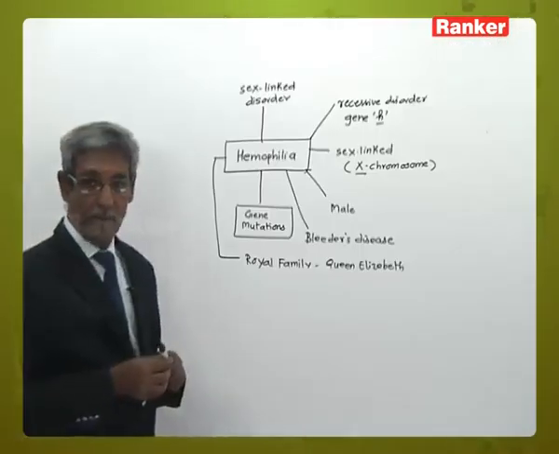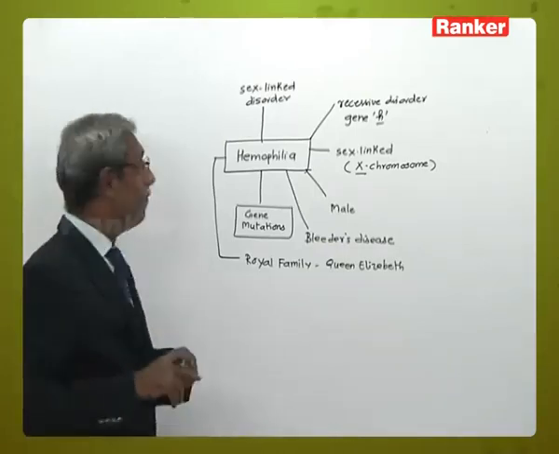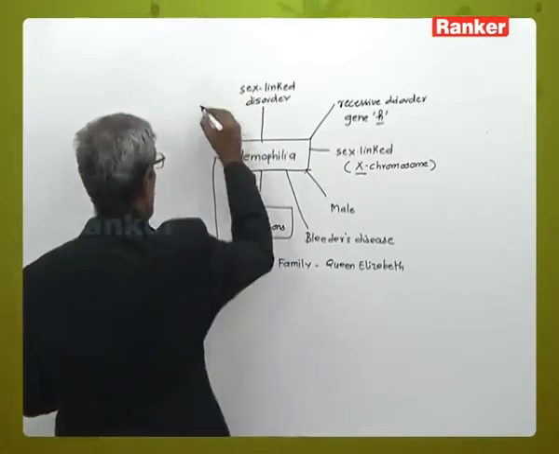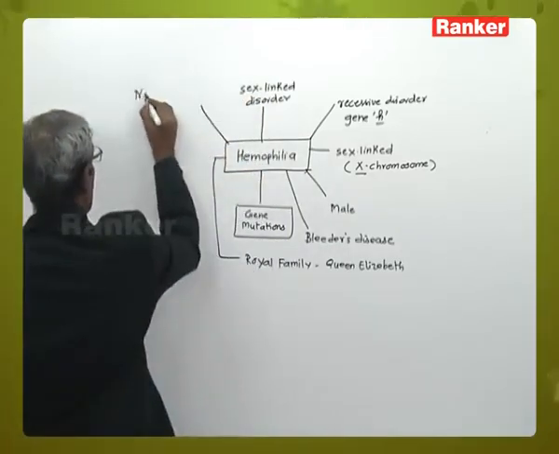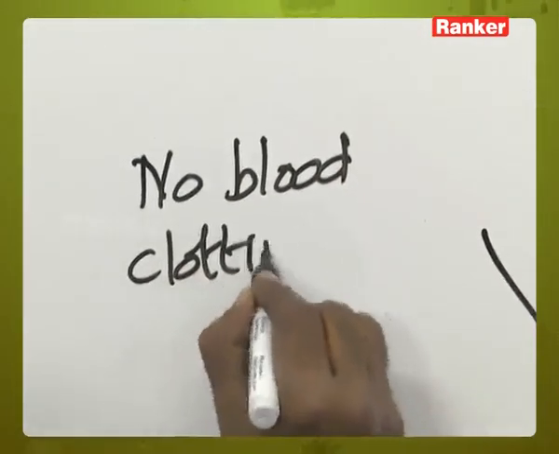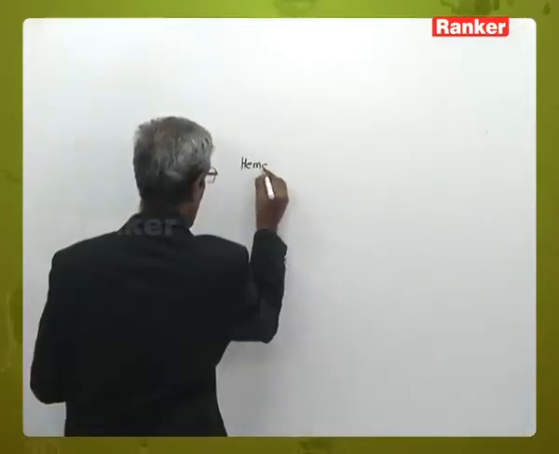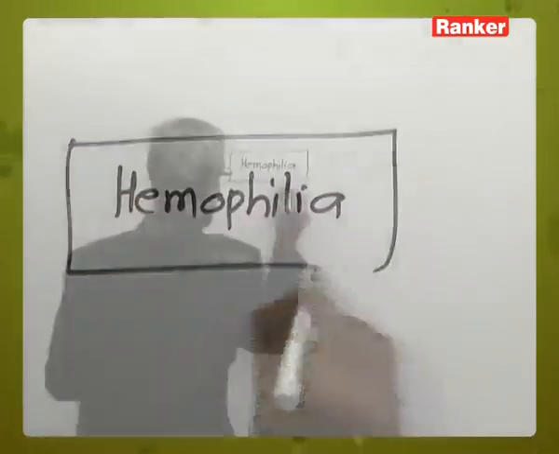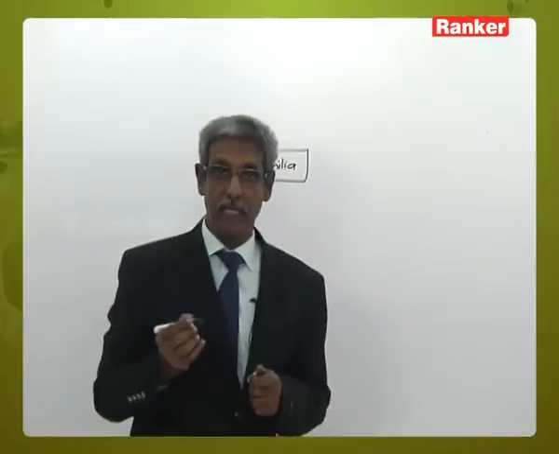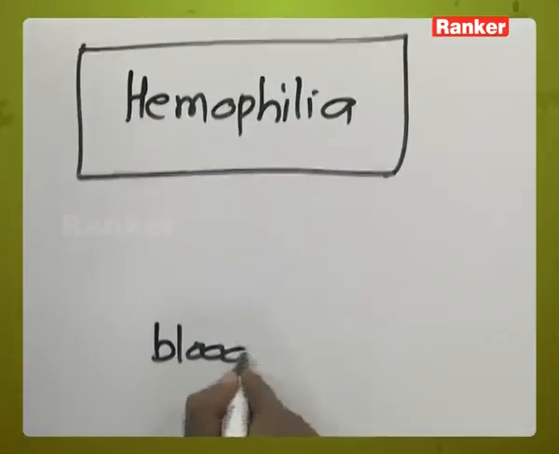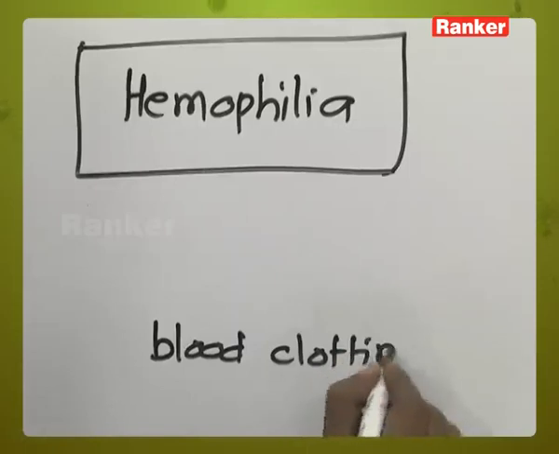So, the basic feature of hemophilia, a sex-linked inherited disorder, is that there is no blood clotting. Clotting of the blood does not occur.